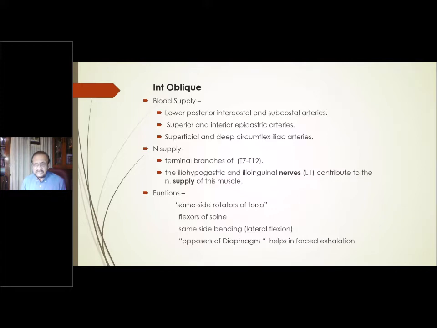The iliohypogastric and ilioinguinal nerves also contribute to the nerve supply of these muscles. These nerves, as we all know, arise from the lumbar plexus. The functions are again opposite to the external oblique, which was a contralateral rotator. This is basically the same side rotator of the torso, in contradistinction to the external oblique. And importantly, it is an opposer of the diaphragm.